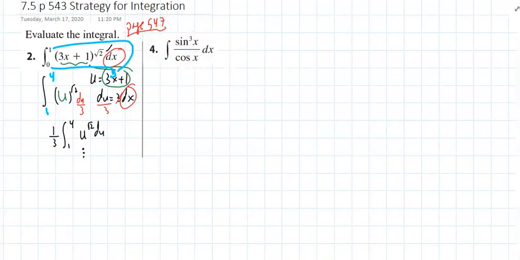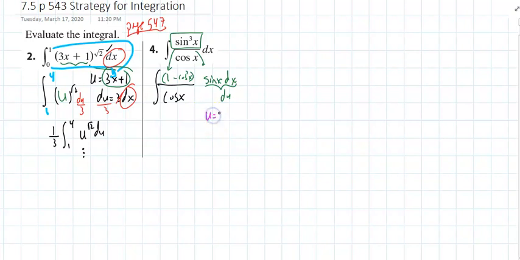So I'm glancing at this, and I'm looking to see sine and cosine, and one of those is odd, so I know the drill. I'm going to take this top sine cubed and write that as sine squared times sine of x dx. That's my du, if you remember. Which means, what's left? A cosine of x, but this sine squared I'm going to write as 1 minus cosine squared of x, and if I let u equal cosine of x, du will be negative sine of x dx.